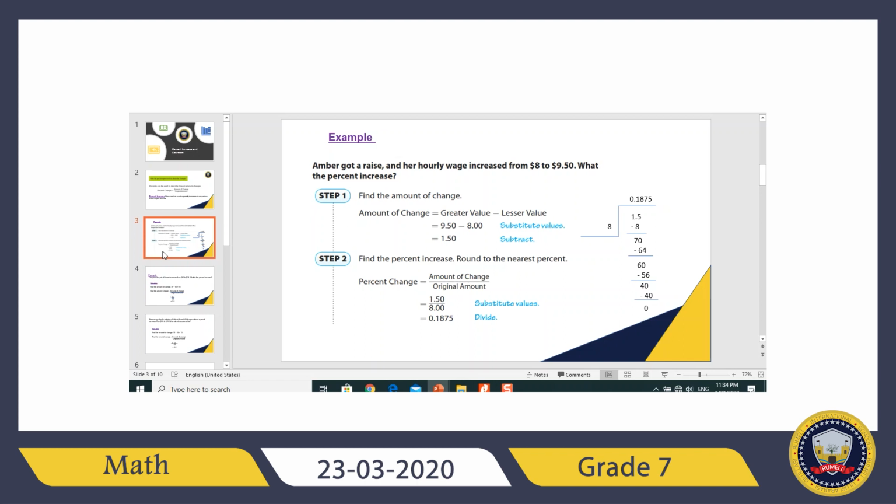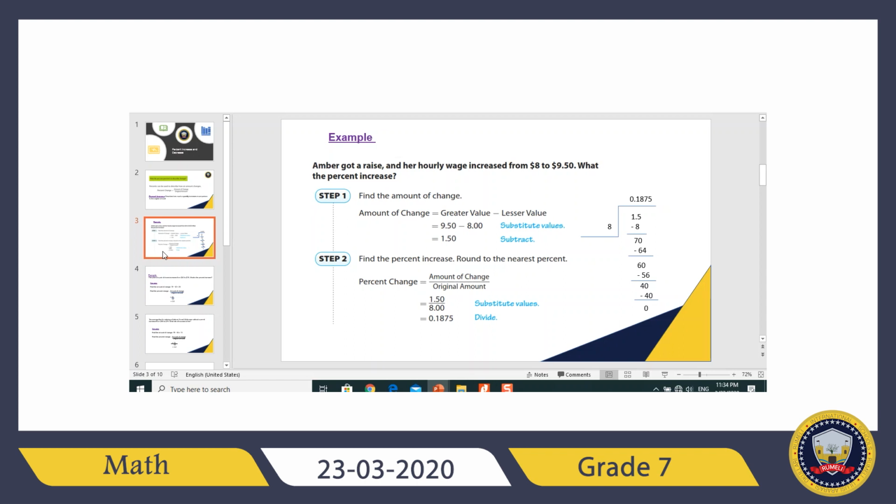Yani, it increased by $1.5. So the amount of change is the difference between the new salary and the old salary. I subtract the old one from the new one. So the amount of change is 1.5 over the original amount.